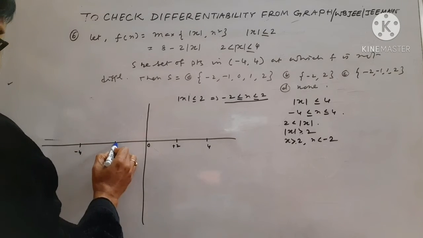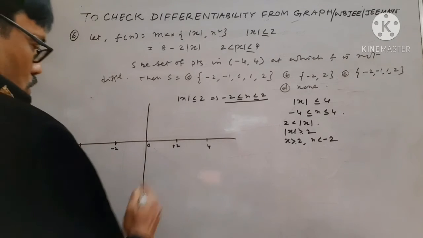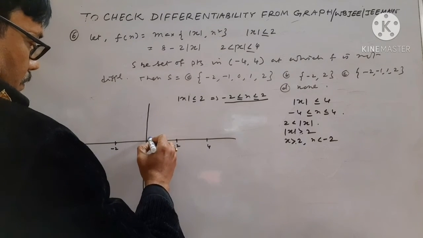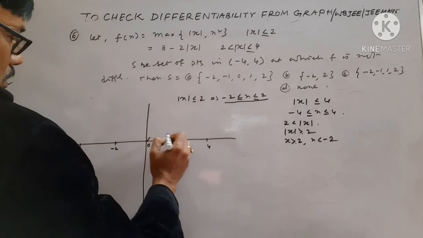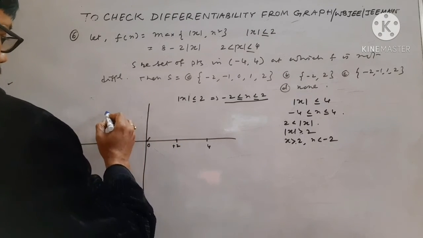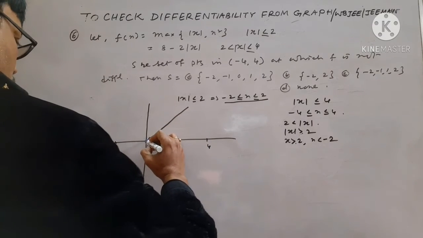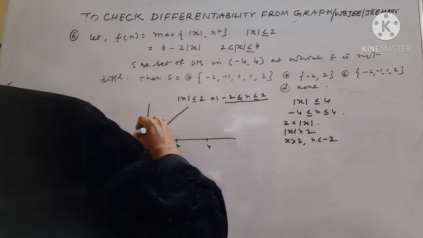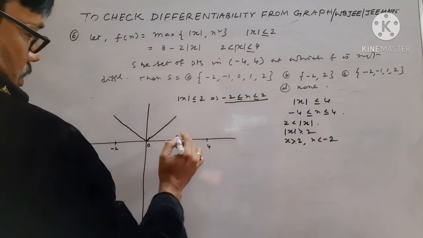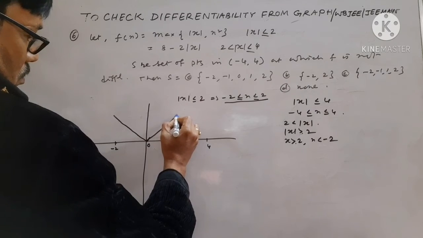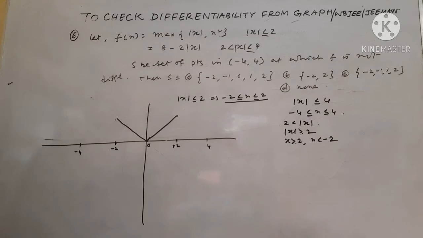So |x| is up to 2, and this is up to minus 2.